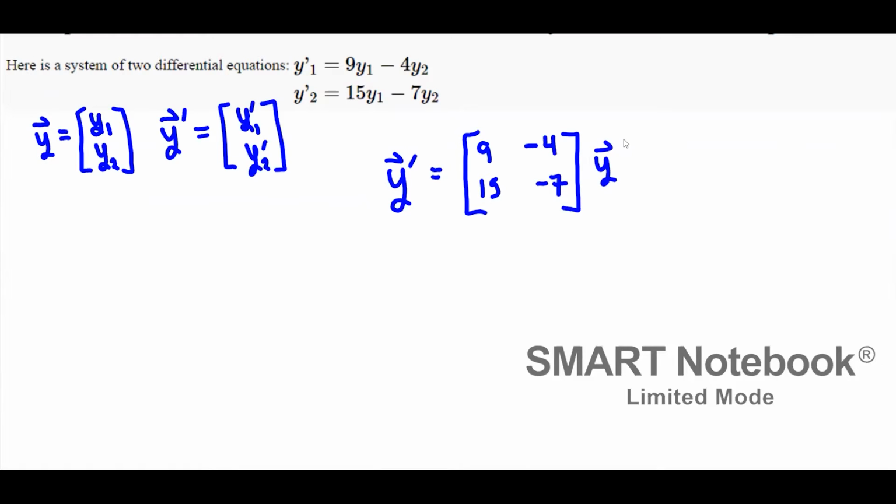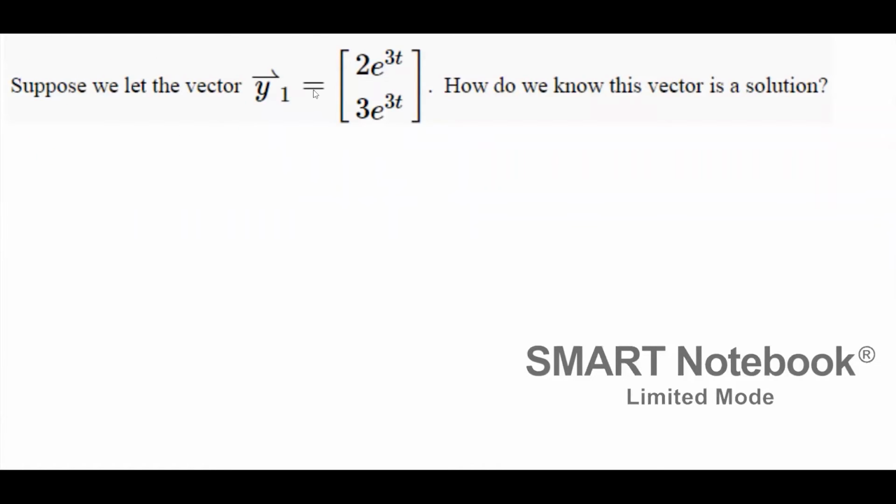And the vector y is what we're solving for. If we knew vector y, then we would know functions y1 and y2, and then we would know the solution to the system.